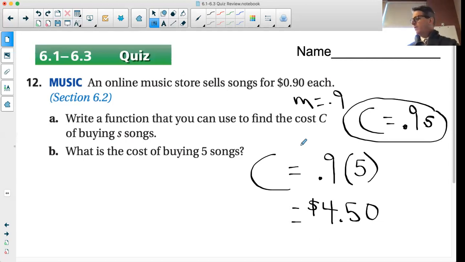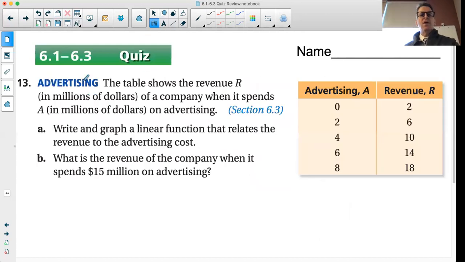Okay, last one today, quiz review 6.1 to 6.3 on page 265 is number 13. Advertising. The table shows that the revenue R in millions of dollars of a company when it spends $1 million on advertising.